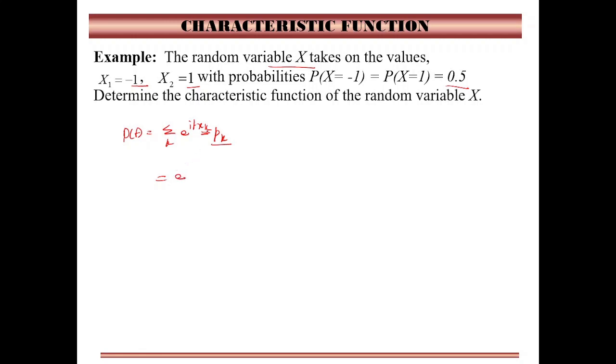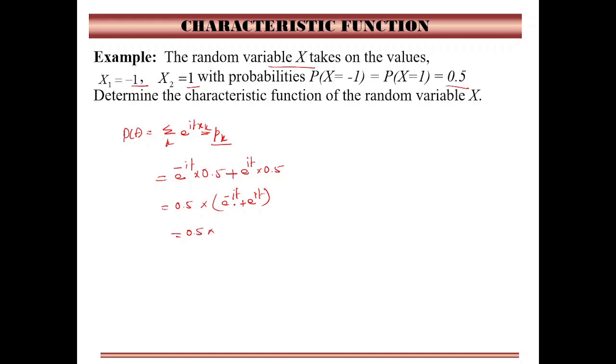So when x_k takes the value minus 1, it will be e power minus it into 0.5, plus, if x_k takes the value 1, then it will be e power it into 0.5. Now 0.5 is common, so 0.5 into e power minus it plus e power it.